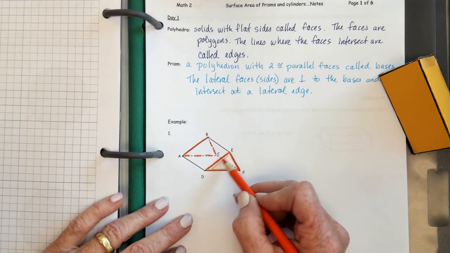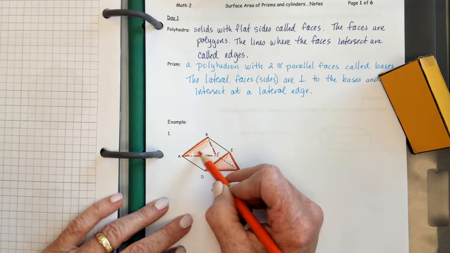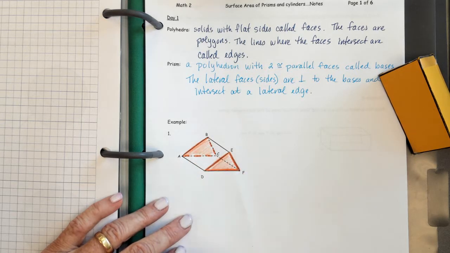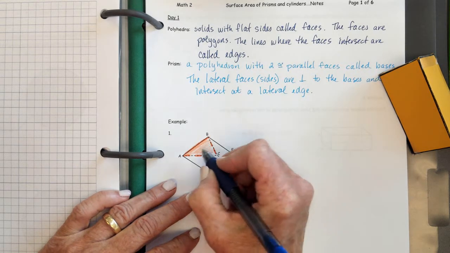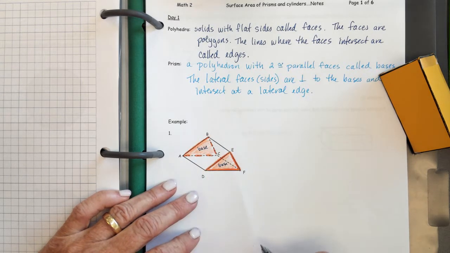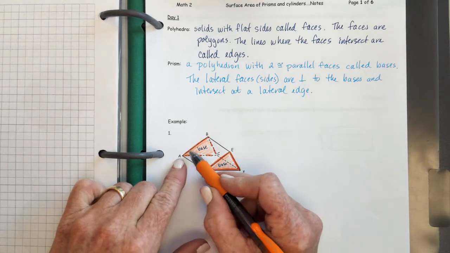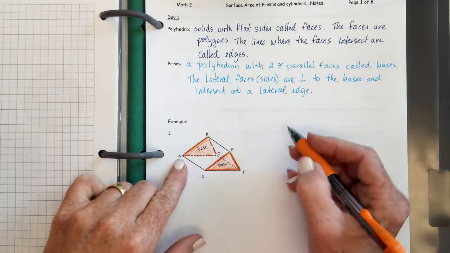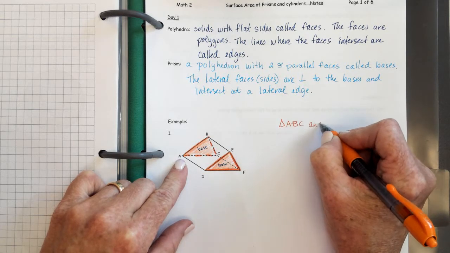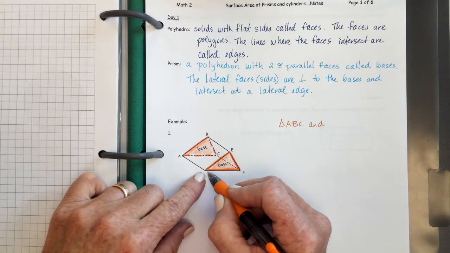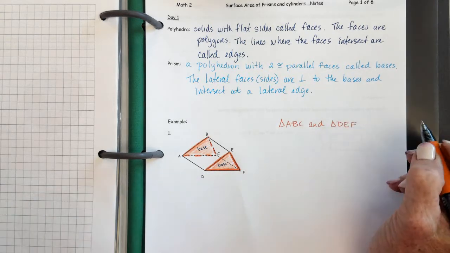There's the bases. Those are the congruent and parallel sides. Those are the bases. So this triangle back here, triangle ABC, is a base. And this triangle up front, triangle DEF, is a base.